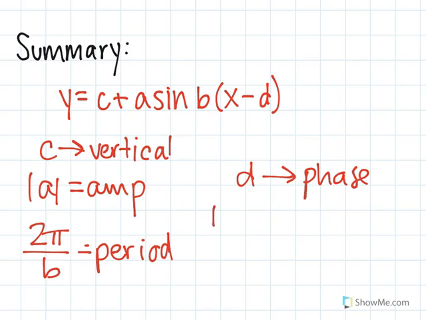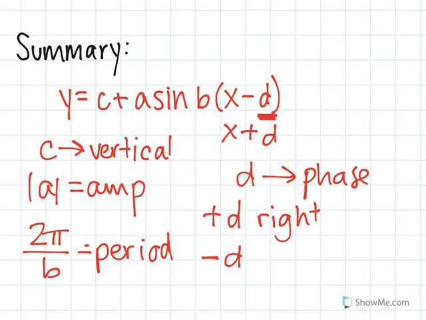So if d is positive, that is if it's in this form right here and your d value is positive, you're moving to the right. If you have a negative d, in which case it would look like x plus d, now I know that's confusing, but it's because you're really looking at x minus negative d. So in that case, you're going to be moving to the left.